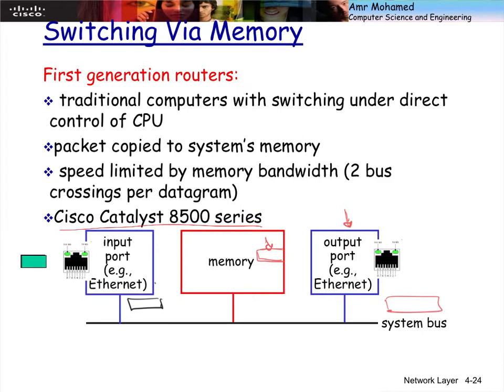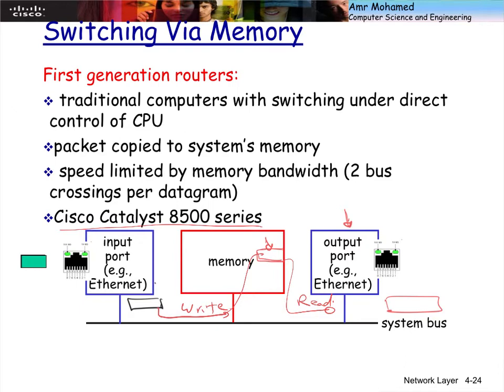So the memory is single access, which means that first you need to write, okay, and this is one access to the memory, and then you need to read, and this is another access of the memory. So it's done in two steps.